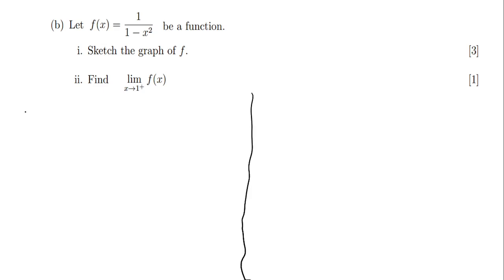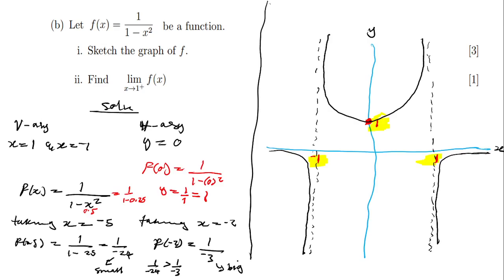So let's say we have the limit as x is approaching 1 from the positive side, and then we have f of x, which is 1 over 1 minus x squared. Okay, 1 minus x squared. Okay, so x is approaching 1.